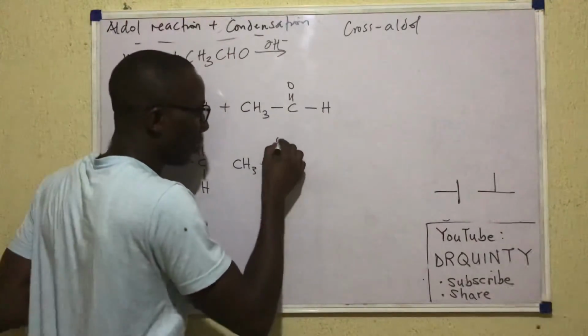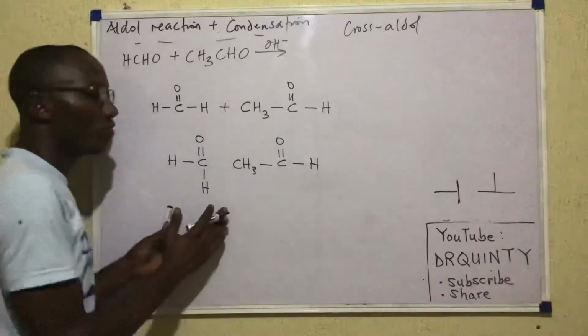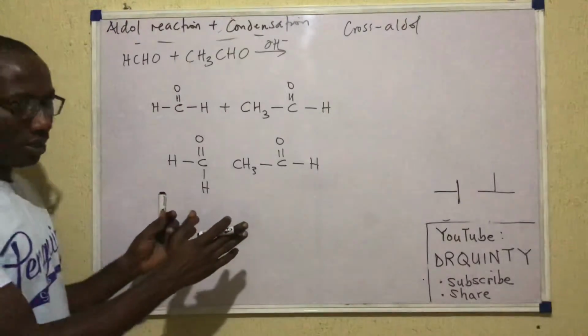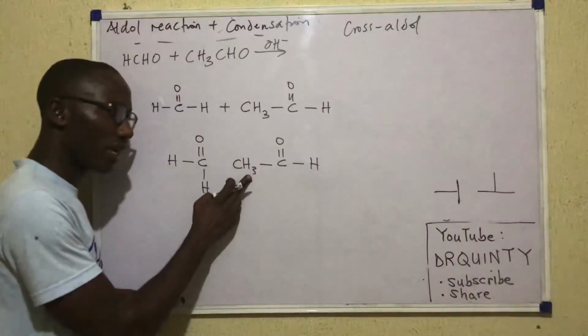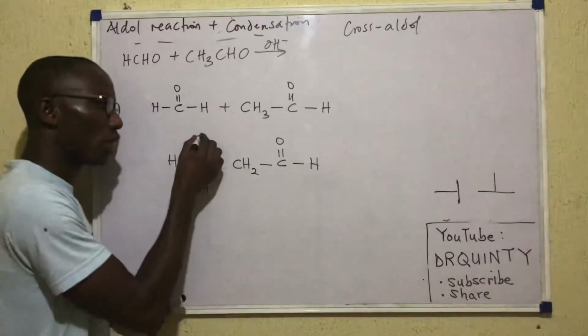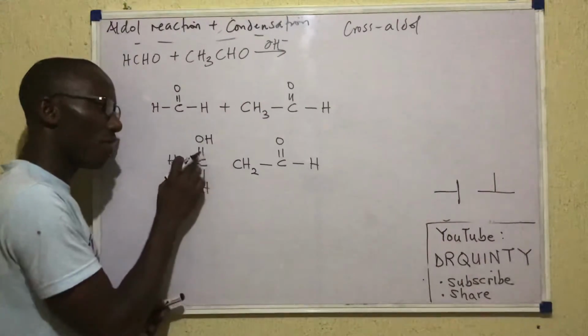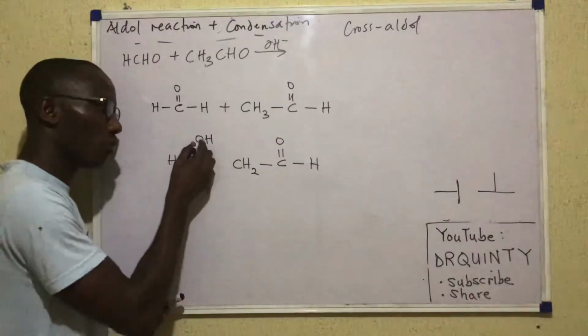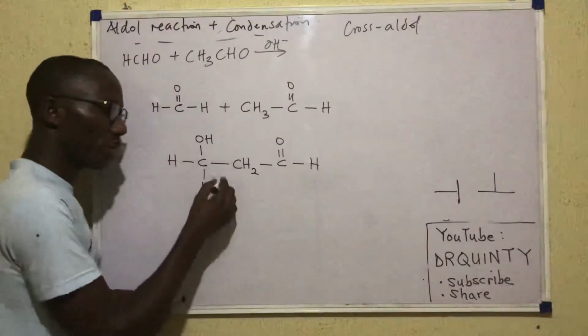So we have CO and H. I have written them side by side again. Then, as usual, I'll take hydrogen from the alpha carbon, so that's CH2. Then this becomes OH, and then the double bond becomes single, so I link those.